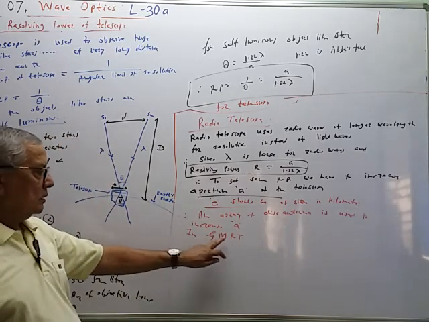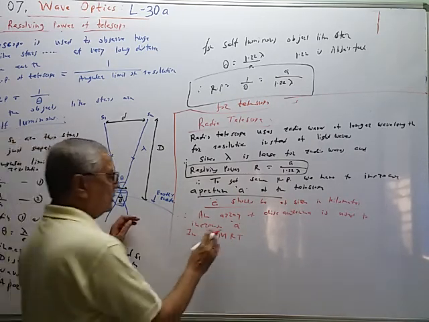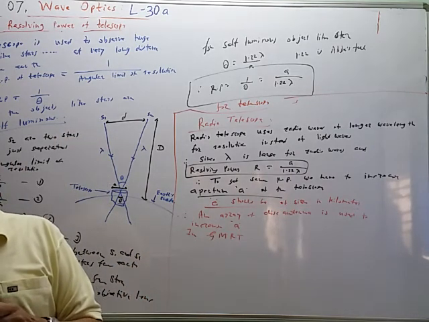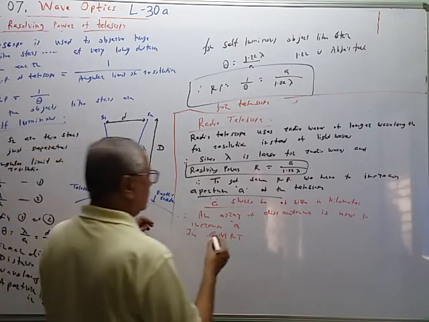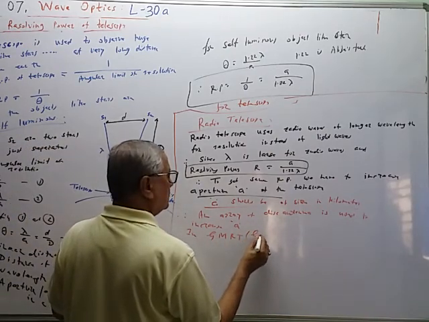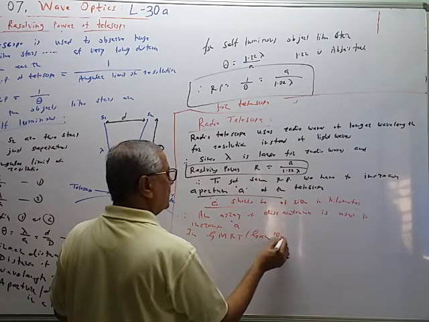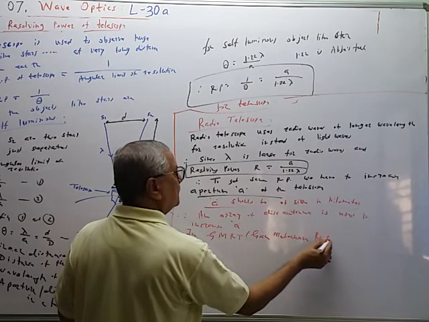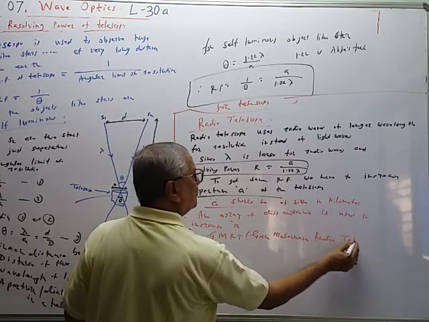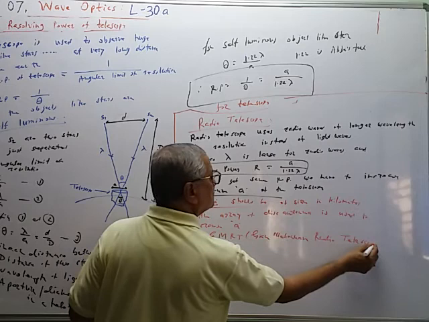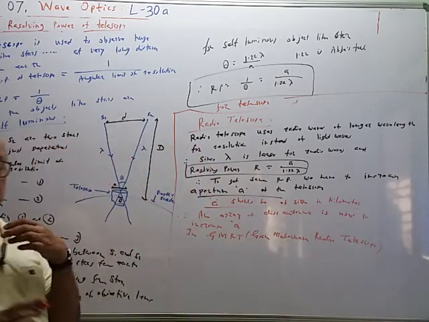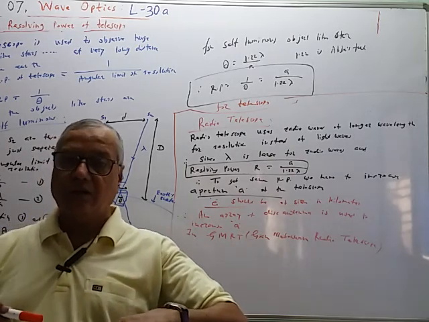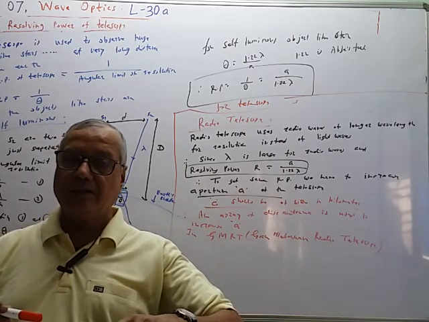Giant Meter wave Radio Telescope. The GMRT, Giant Meter wave Radio Telescope, is installed in Maharashtra near Pune, near Narayangaon.